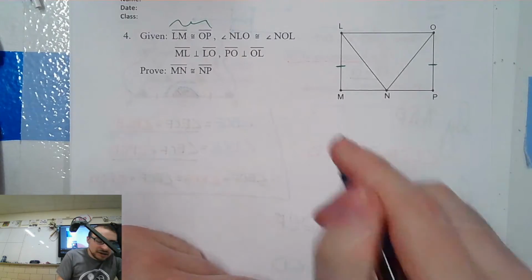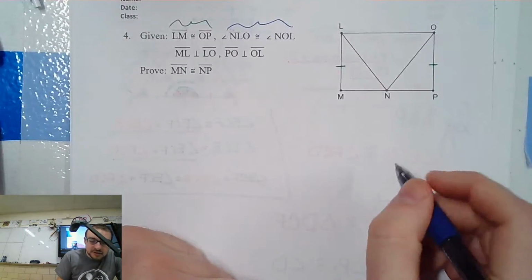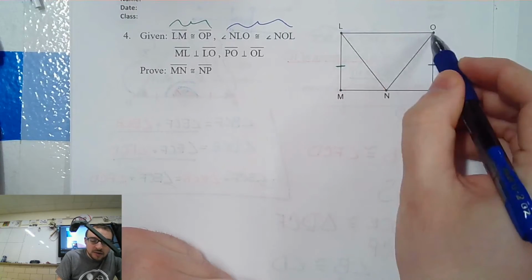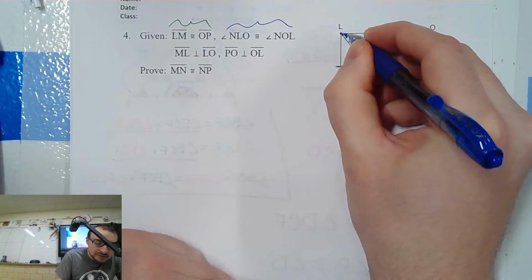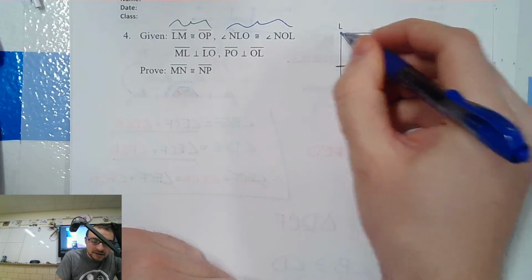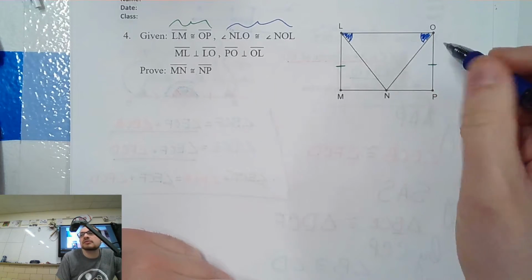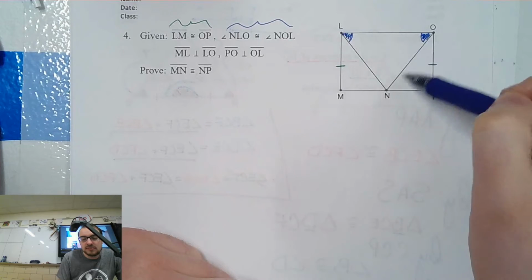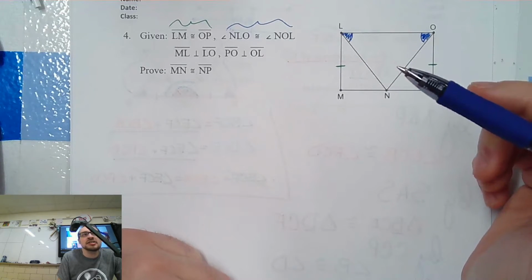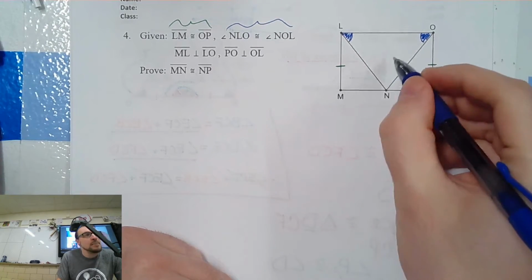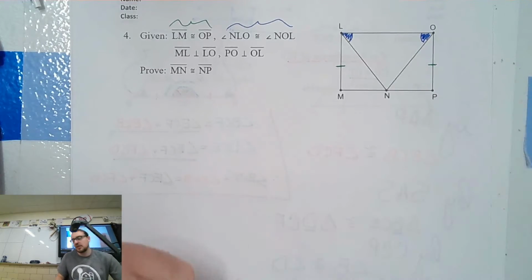NLO and NOL are congruent. NLO is this angle right here, and NOL is this angle right here. What does that mean about this triangle? It's going to be isosceles, right? By the converse. We're going to get those sides for free. Don't do that now because that's not given to us.